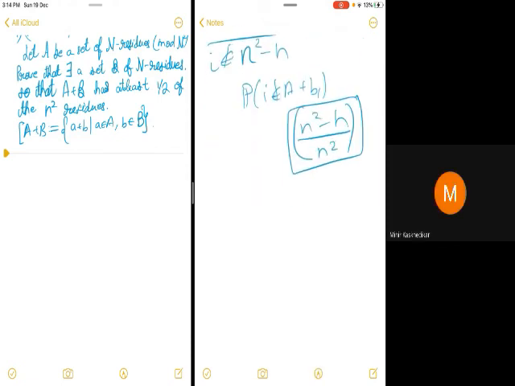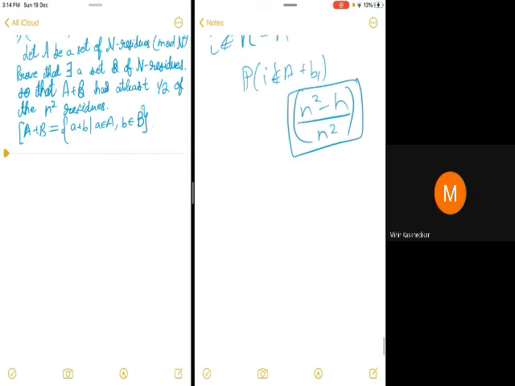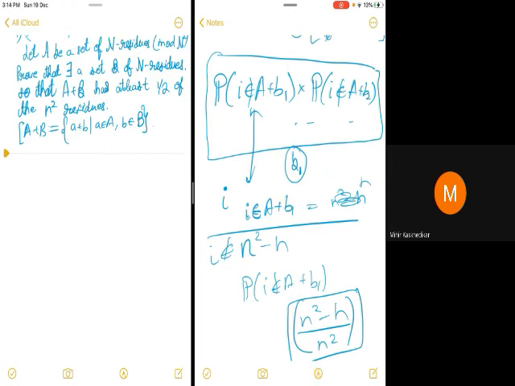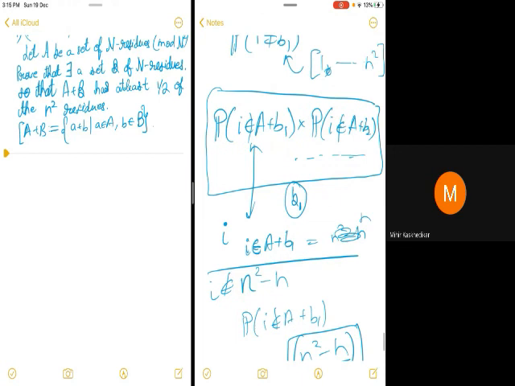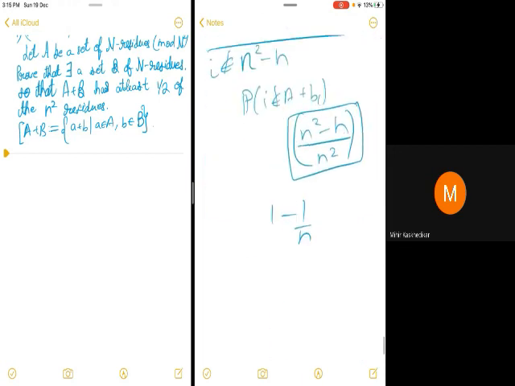Yes. Now, this is just 1 minus 1 by n, and it will be the same for each of these numbers, like each of b2, b3, because all have uniform distribution.